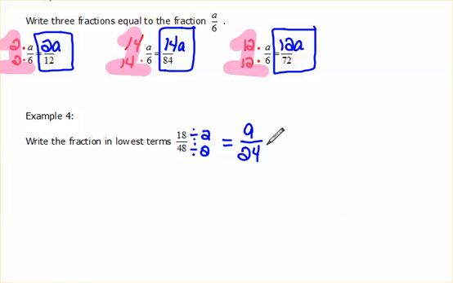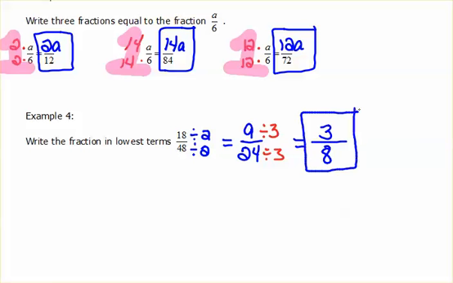Now, we always have to ask ourselves, is there something else that we can divide out? And in this case, there absolutely is, because 9 is divisible by 3, and so is 24. So 9 divided by 3 would be 3, and 24 divided by 3 would be 8. So our final answer in simplest form is 3 over 8.